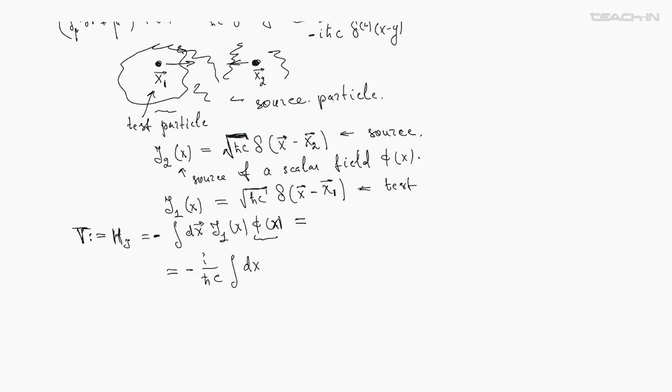And now I substitute for phi of x, but phi of x is given by the integral with the Green's function. So in fact, here I have to add this integral, so let me put here also this integration measure, say over the variable y, d4y, J1 of x as before, and then this Green's function g of x minus y, J2 of y. So this is our source.